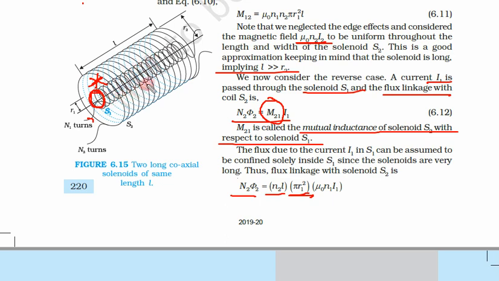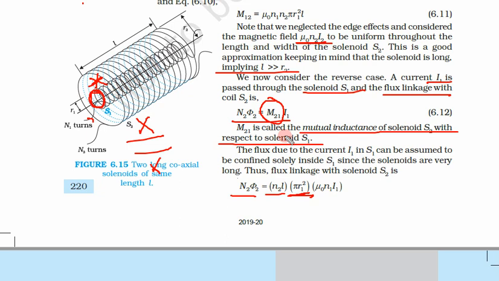Previously we were considering only this small area because we want the magnetic flux inside this coil. Now in the second case, again we are taking the same area. Why? Because we know the magnetic field outside the coil is 0. So we take only this much area. So area will remain the same, pi r1 square.